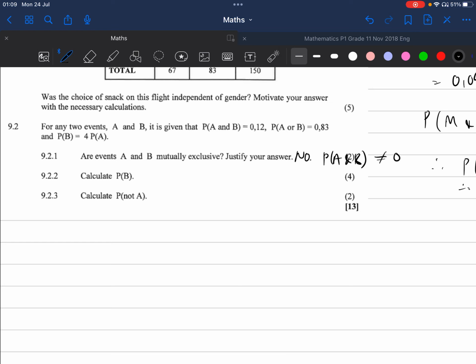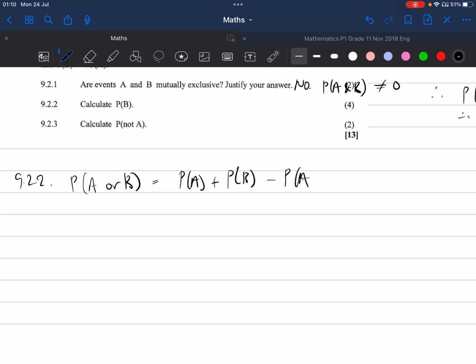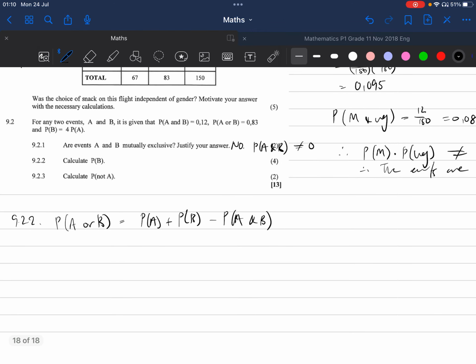9.2.2, calculate the probability of B. Now here we're going to use this rule: the probability of A or B is equal to the probability of A plus the probability of B minus the probability of A and B. Let's read the question again, and we're given most of this information.